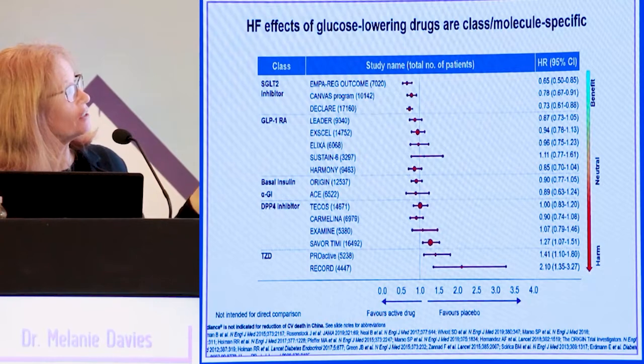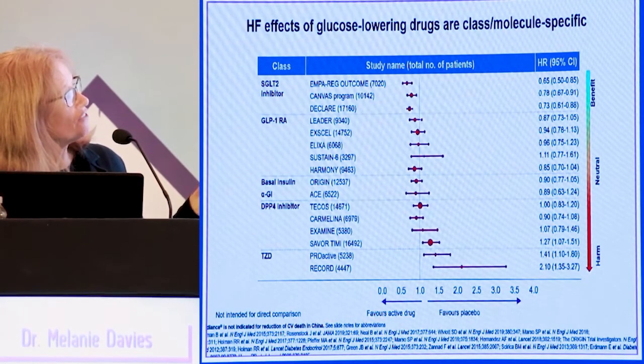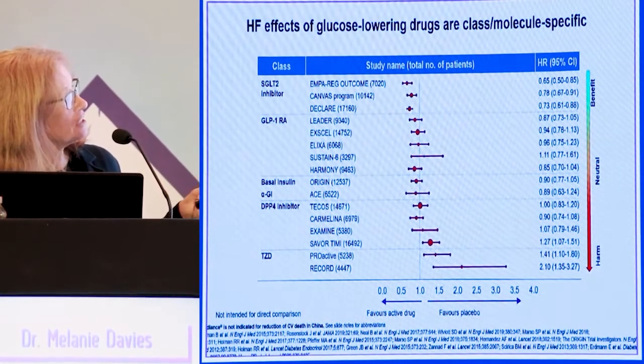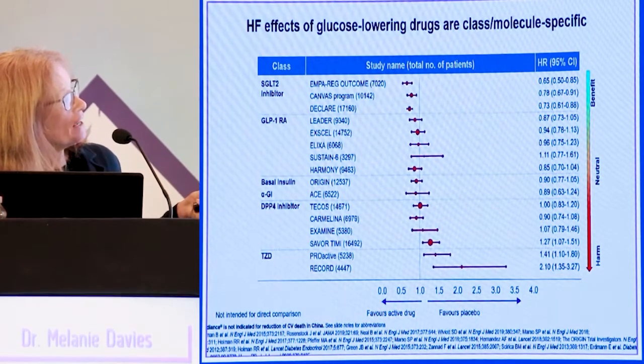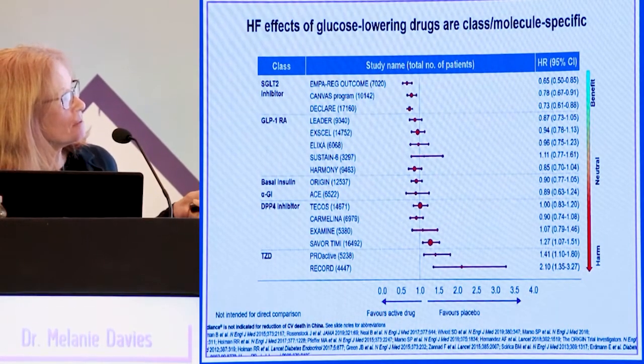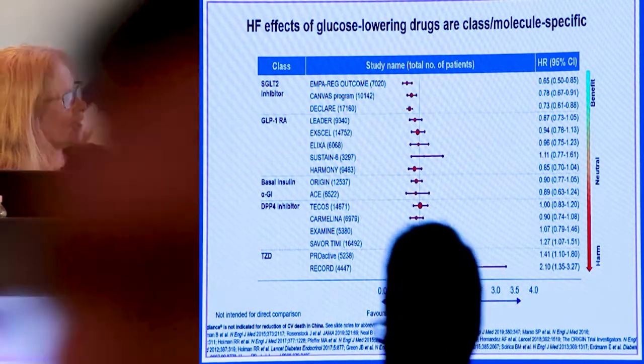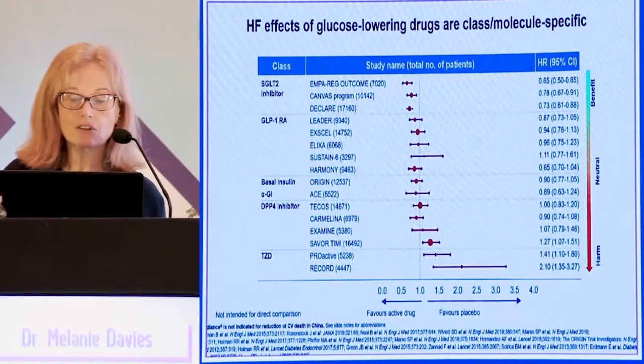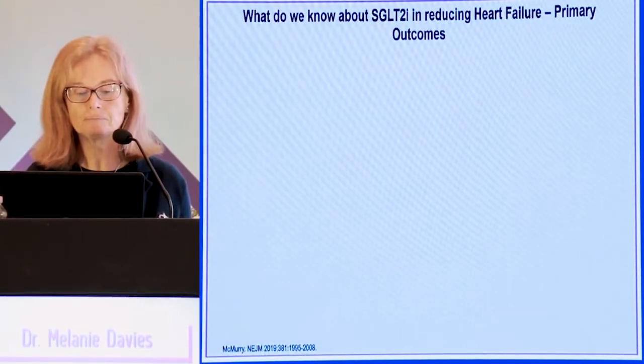We have benefit with the SGLT2s. We have safety and neutrality with the alpha-glucosidase inhibitors and the GLP-1s. We have heterogeneity in the DPP-4s, with some showing no signal and others showing an increase. And we shouldn't use the TZDs, obviously, in this setting as they increase the risk of heart failure.